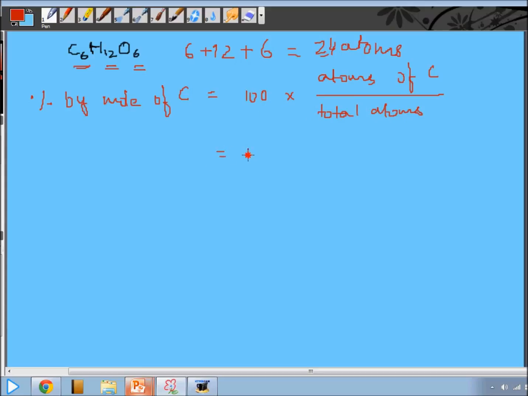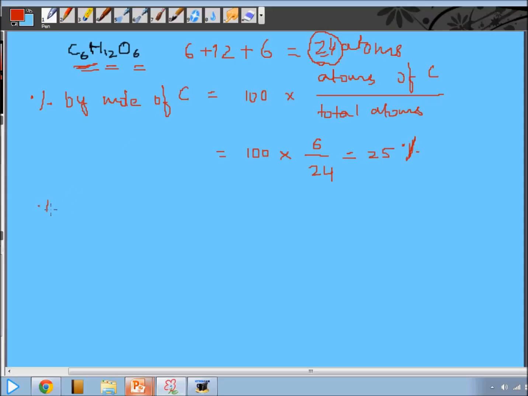So in this case answer will be 100 multiplied with atoms of carbon are 6, divided by total atoms are 24. We have also seen that total number of atoms are 24. So 6 divided by 24 into 100. This will be my answer. This comes out to be 25%. So glucose has 25% by mole as carbon.